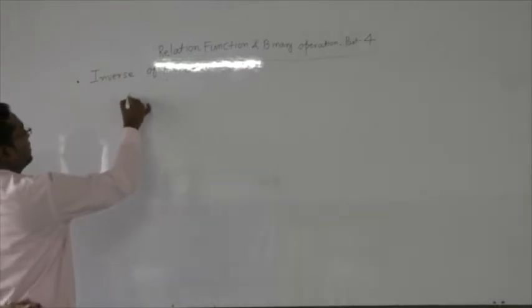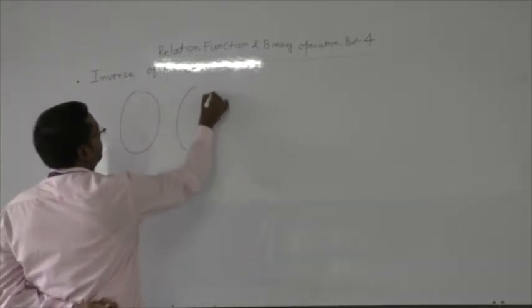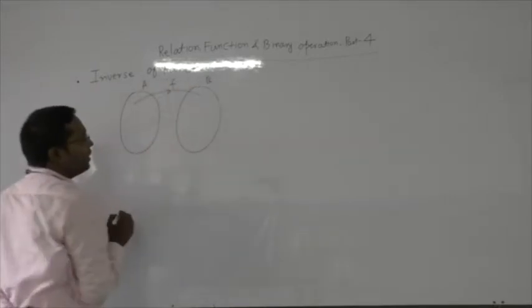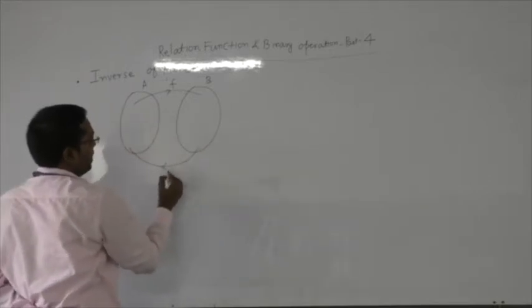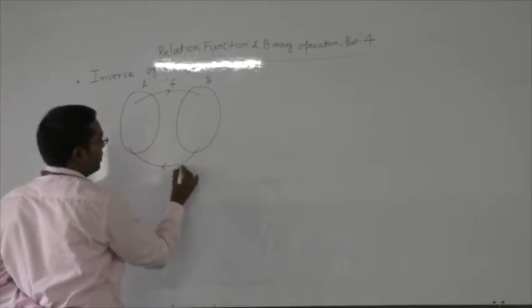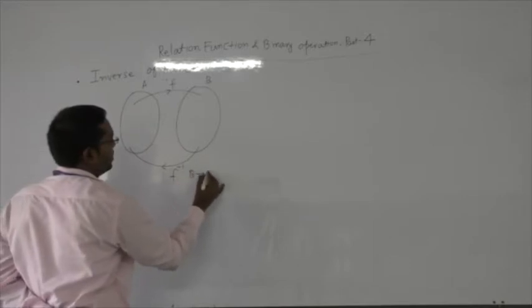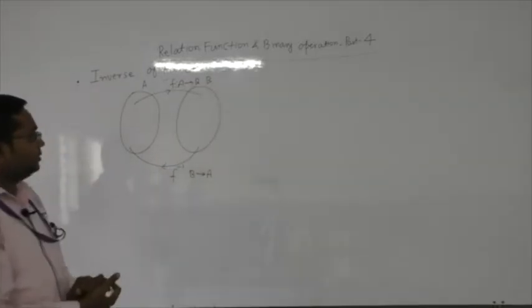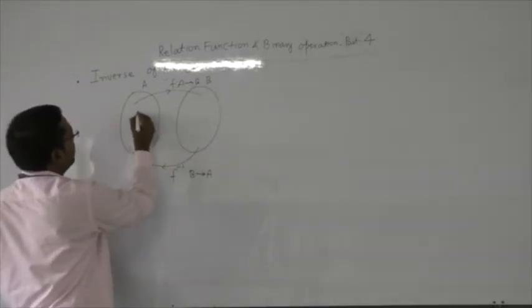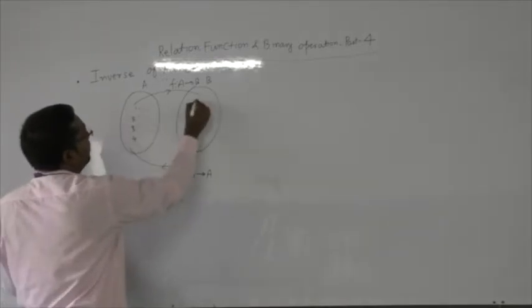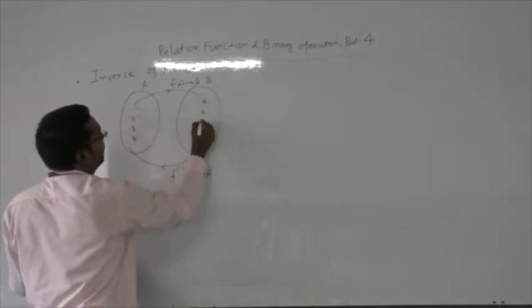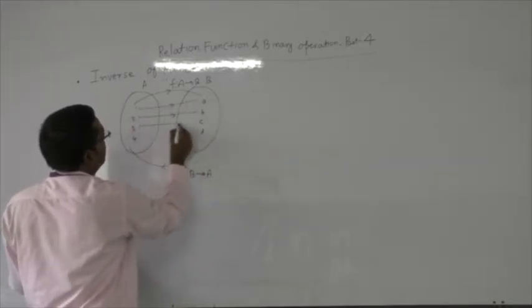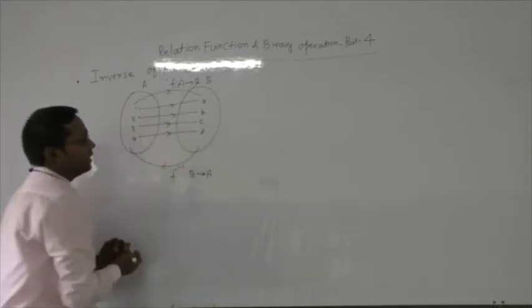Suppose there is a function f from A to B. If we define a function from B to A, then that function we call f inverse, from B to A, and f will be from A to B. Suppose we have some elements here, 1, 2, 3, 4, a, b, c, d. 1 is connected to a, 2 is connected to b, 3 is connected to c, 4 is connected to d.